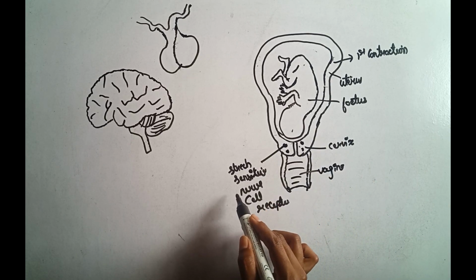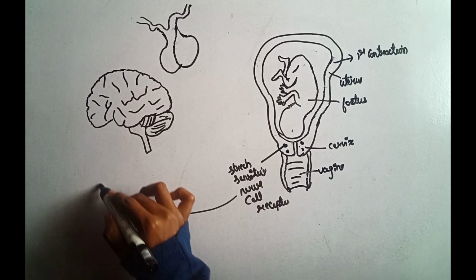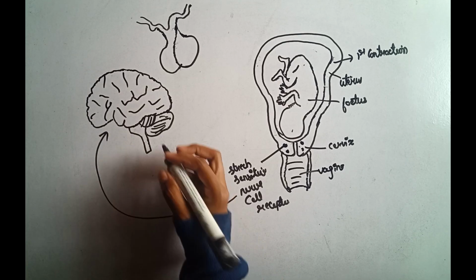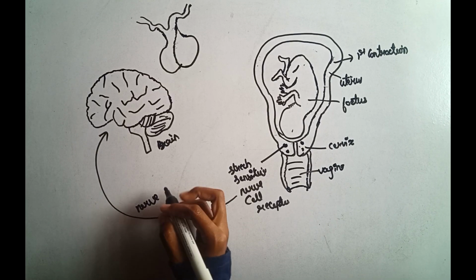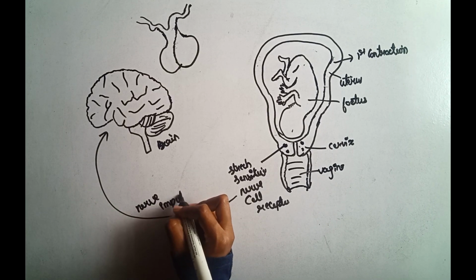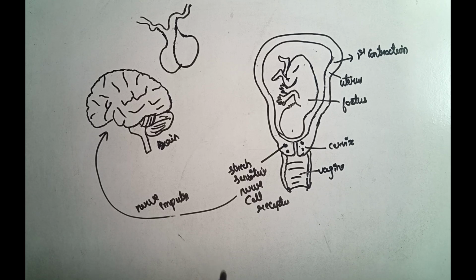These stretch-sensitive nerve cell receptors send the information to the control center, meaning the brain, through nerve impulses, and then the brain interprets this information. That is the time for the delivery of the baby.